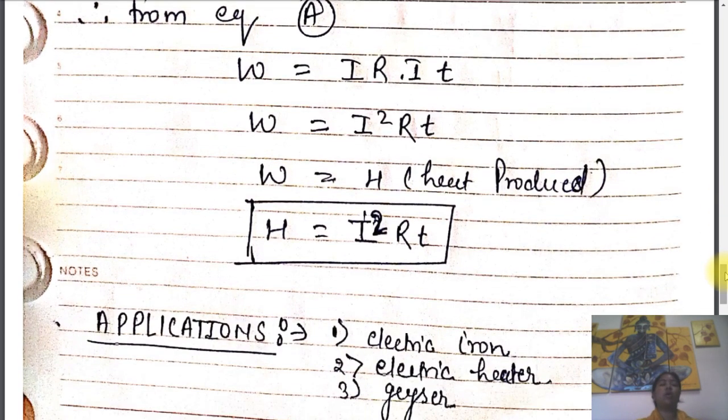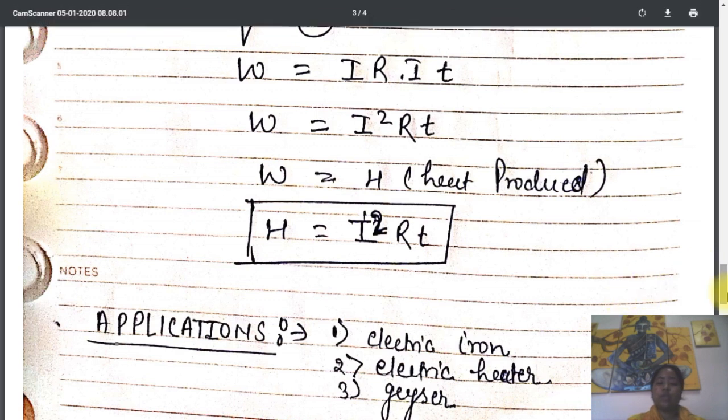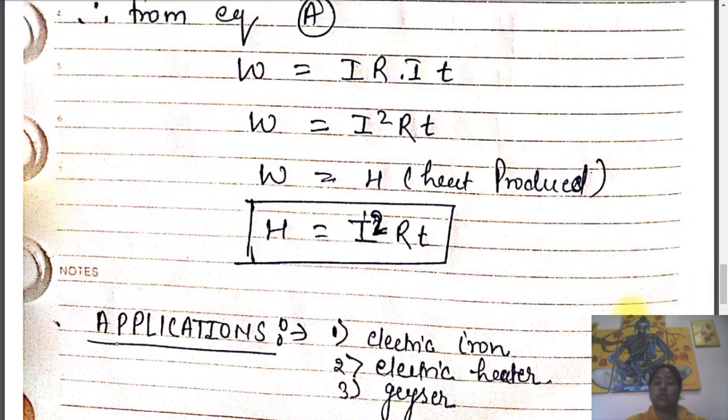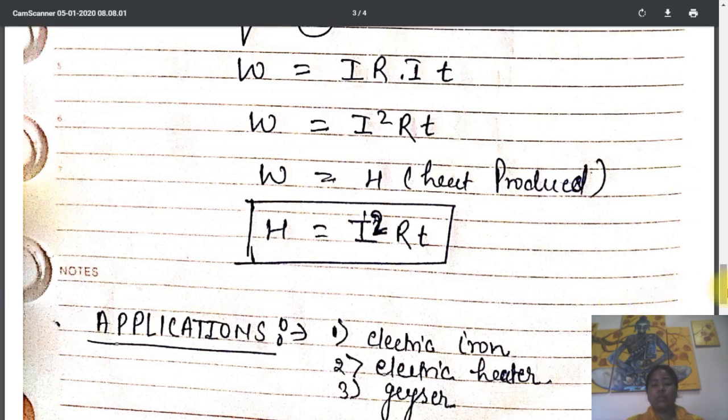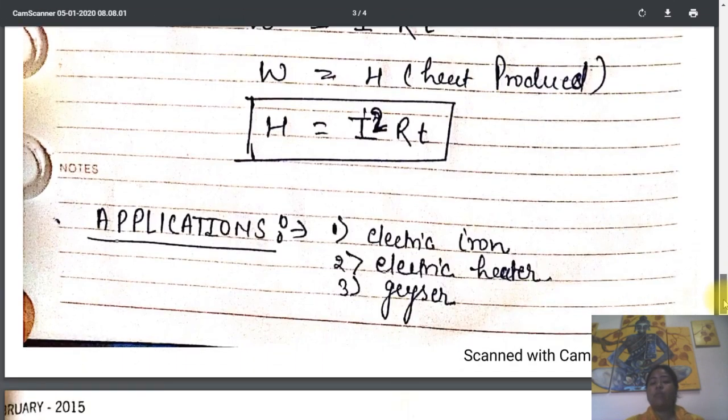Now we will talk about the applications of Joule's law of heating, or the heating effect of electric current. In the applications, we have the electric bulb filament, electric heater, electric geyser, electric iron. All these appliances work on the principle of Joule's law of heating.